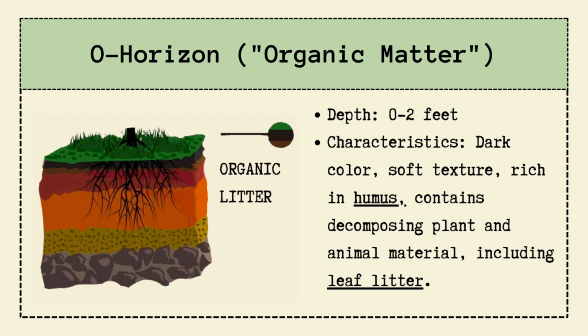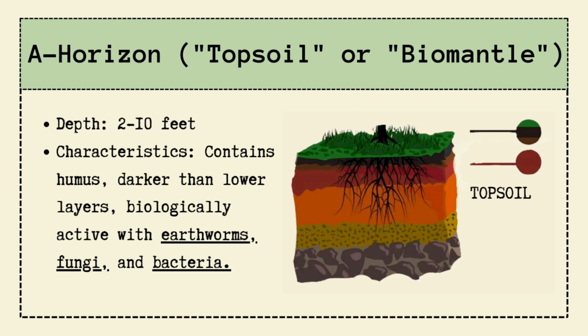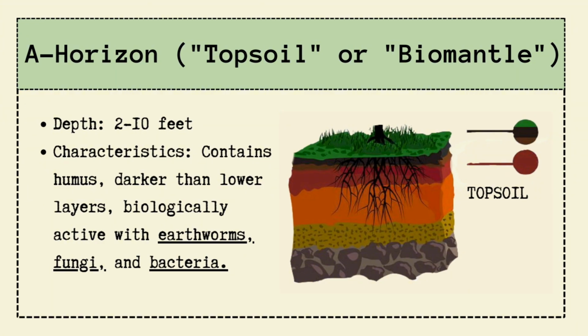Next to the O horizon is the A horizon, or topsoil or biomantle. The depth of the A horizon is 2 to 10 feet. It contains humus, is darker than the lower layers, and is biologically active with earthworms, fungi, and bacteria.